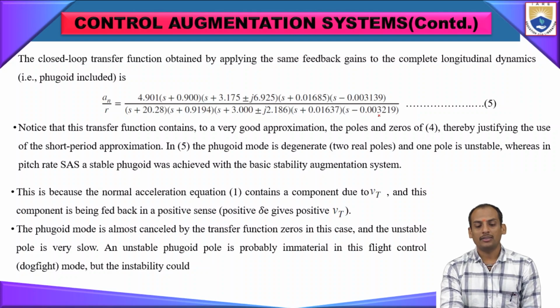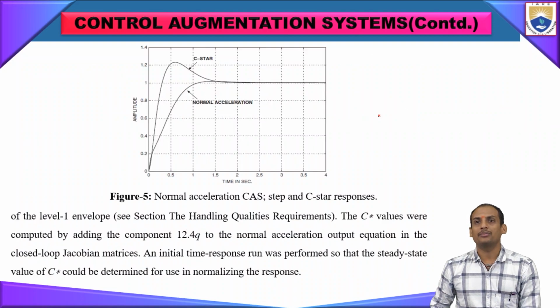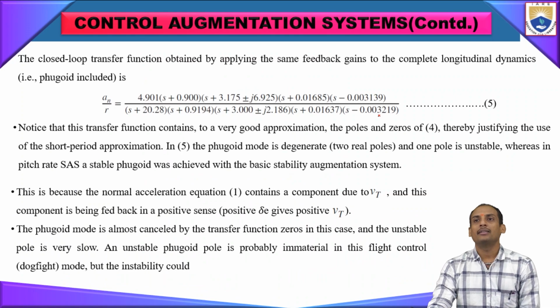So the transfer function contains two very good approximations, that is, the poles and the zeros of equation 4. That means in the previous equation 4, if you see the poles and zeros, it justifies the use of the short period approximation. In this equation 5, the phugoid mode is degenerate and one pole is unstable, whereas in pitch rate SAS the stable phugoid was achieved with the basic stability augmentation system.